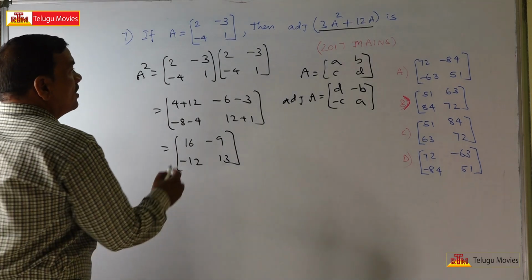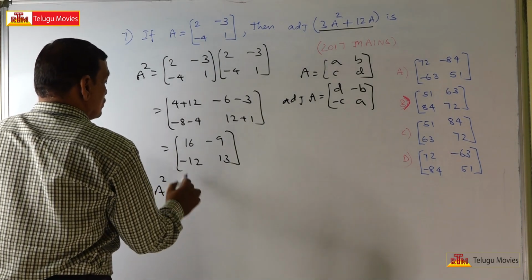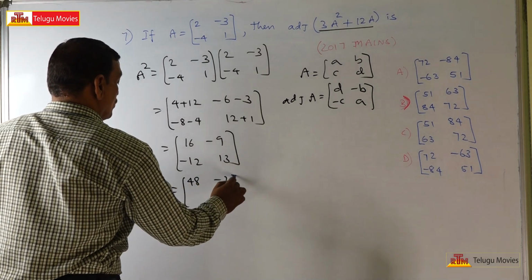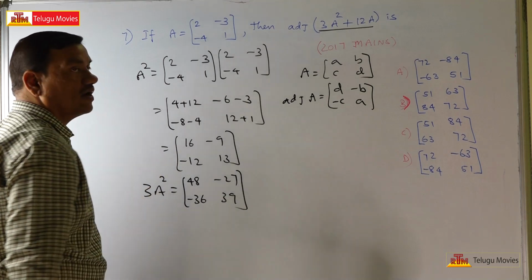Next, 3A square means [48, -27; -36, 39]. Okay now?